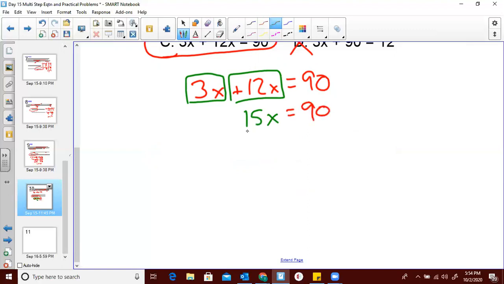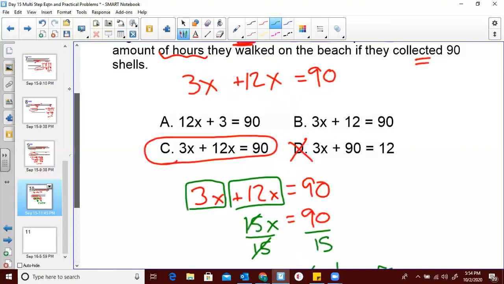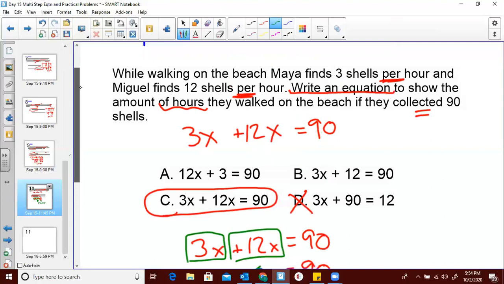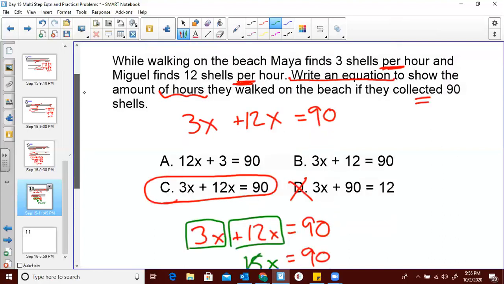Now I want to get this x all by itself, so I'm going to divide by 15. I know the 15s are going to cancel out. And 90 divided by 15 is 15, 30, 60, 90. 6 hours. Was it hours? Yep. So it's going to take Maya and Miguel 6 hours on the beach to collect 90 shells.